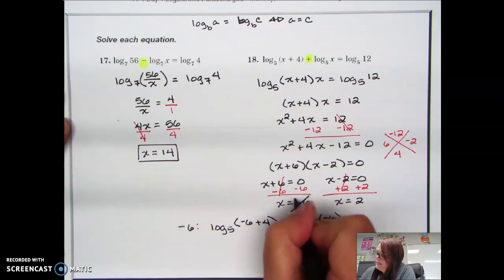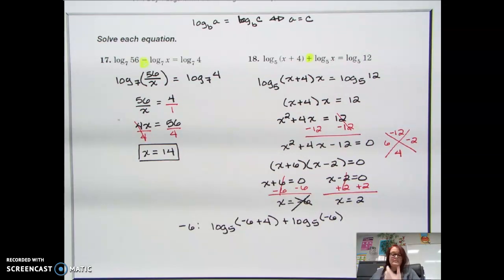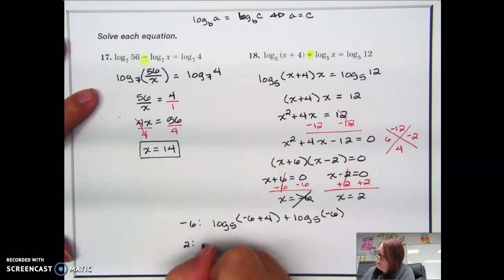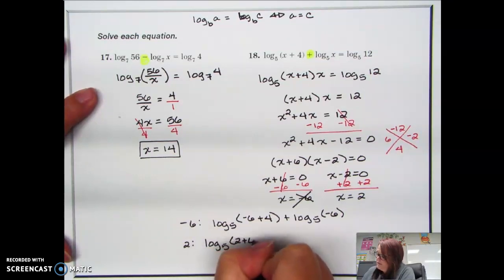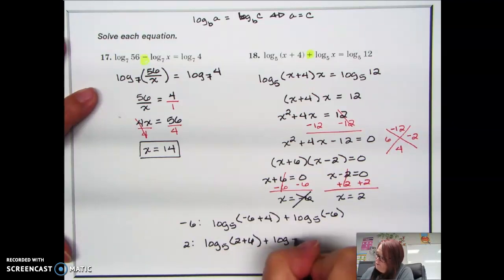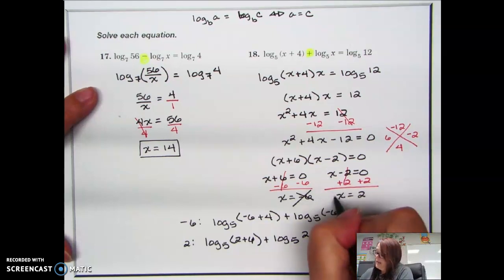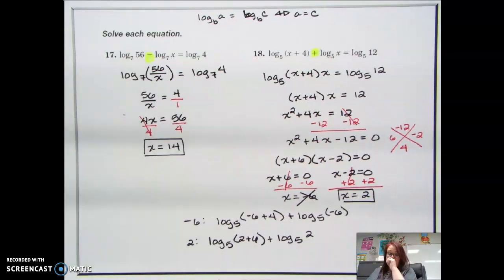So that means that negative 6 is not part of the domain. It can't be a solution to my problem. But if I plug in x is equal to positive 2, that's going to be the log base 5 of 2 plus 4, which is 6, so that's okay, plus the log base 5 of positive 2, and that's positive, and that's okay. So it looks like x equal to 2 is the correct answer.